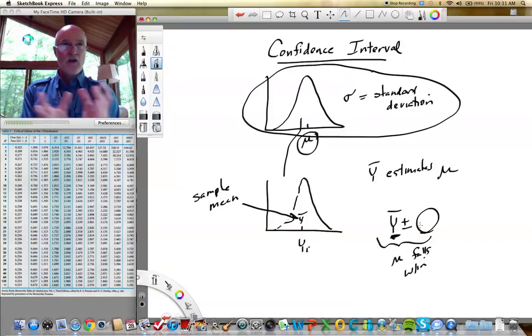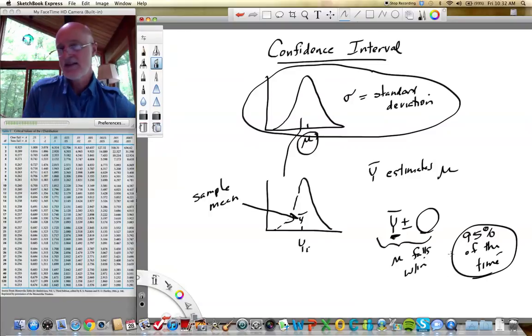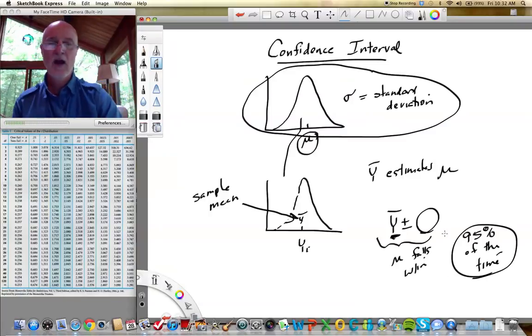Typically we want to express the confidence interval in terms of 95% of the time we are correct in saying it's in that. That's just typical. So I need to explain to you how we go about setting those confidence intervals.